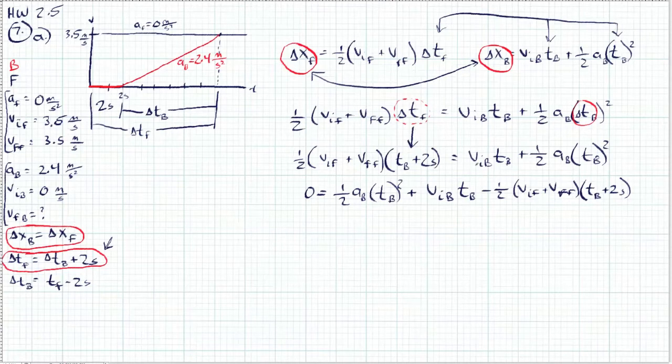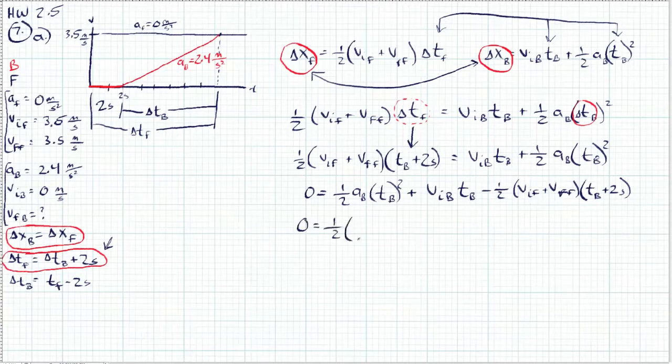Well, can we simplify this even further? Yes, we can. One thing we can do now to simplify it is start putting in some values, because we're going to find that there are some zeros in there. The zeros will make some of these things go away. So we have 1/2, and this is all equal to 0. 1/2 times what?